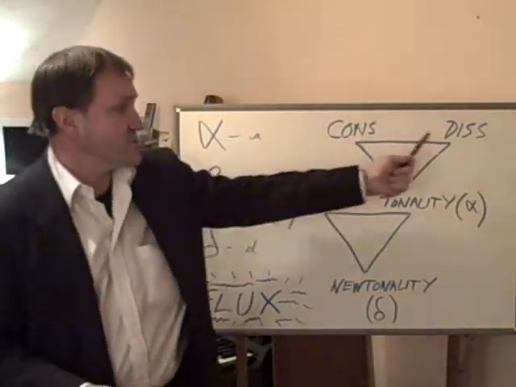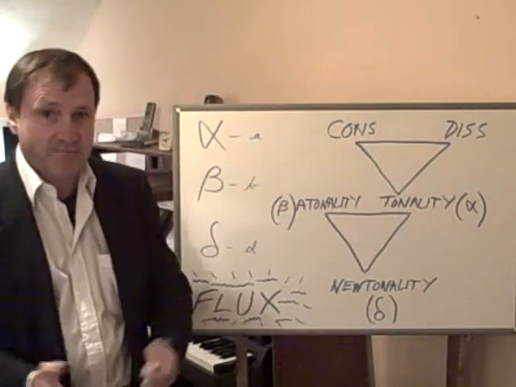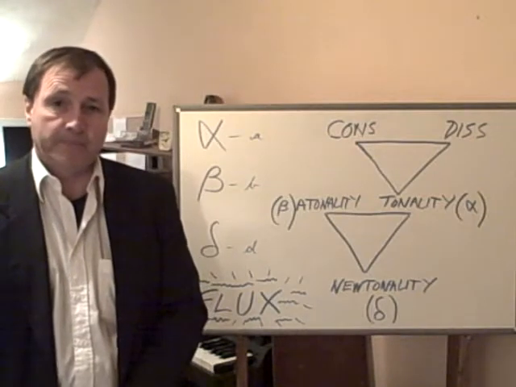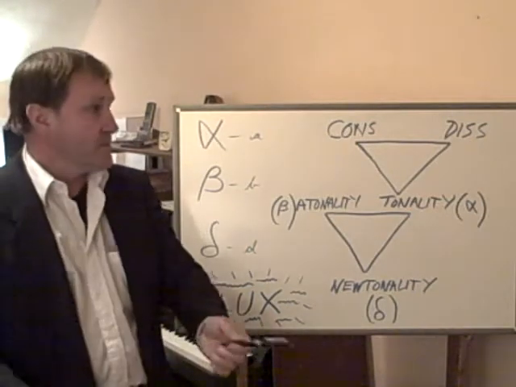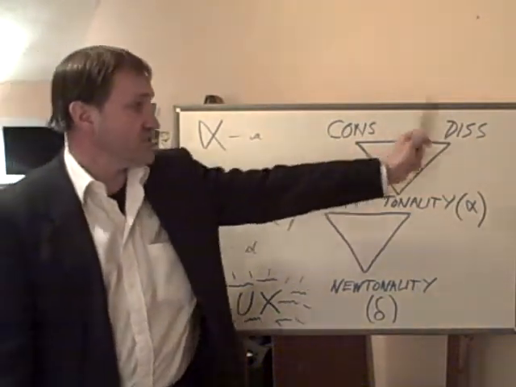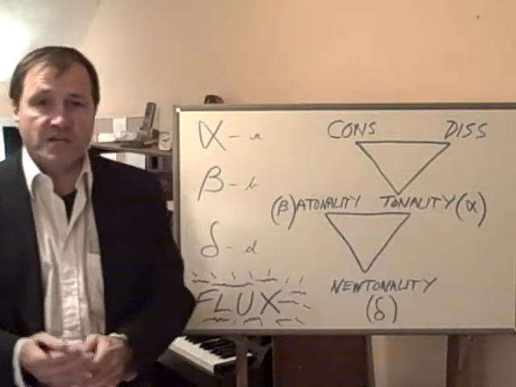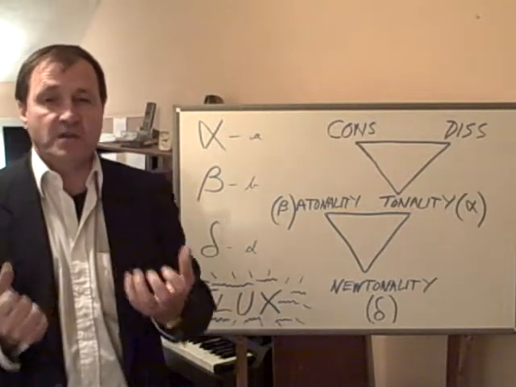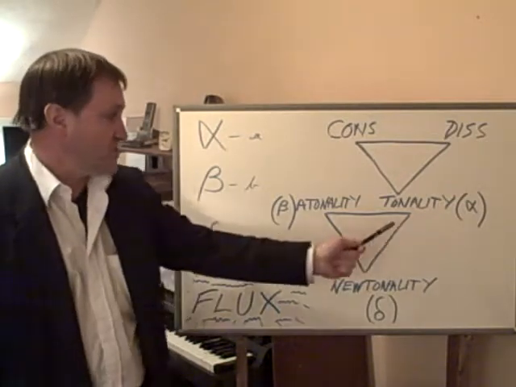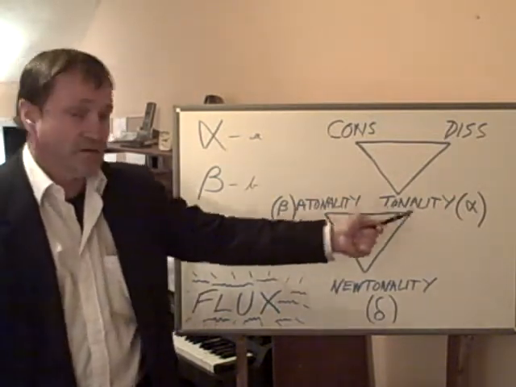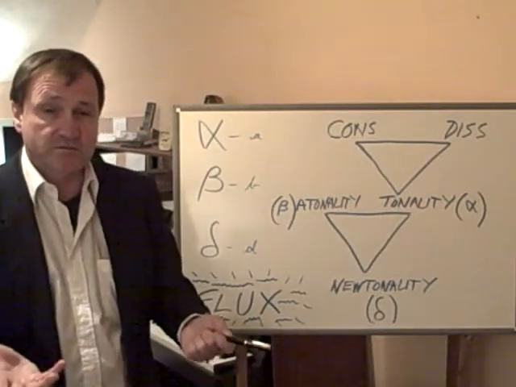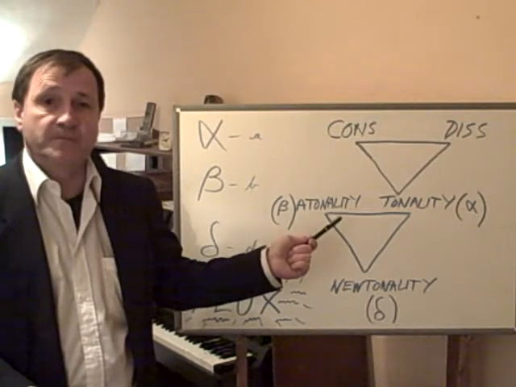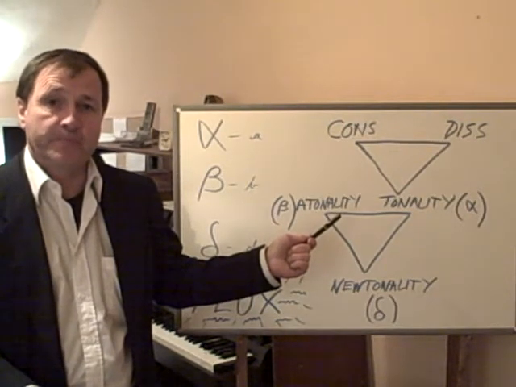So that's it. When you bring consonance and dissonance together, you create this third state, tonality. If we now get rid of consonance and dissonance, we have created a condition whose nature is now diametrically opposed to tonality, and this we can call atonality, and that's our definition of atonality.